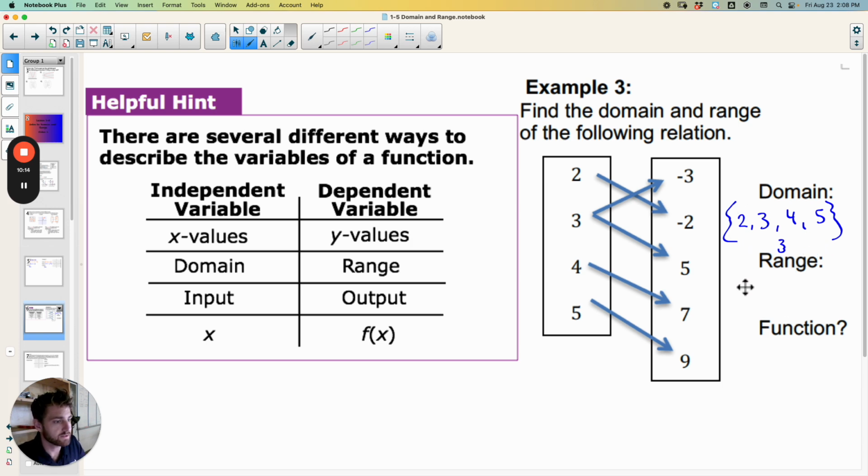So let me write my range here. My range is -3, -2, 5, 7, and 9. And again, I did not write these in order from least to greatest. I'm just writing them with how they map directly. I know that the 2 maps to the -3. This 3 actually maps to the 2 maps to the -2. The 3 maps to a -3 and the 5.